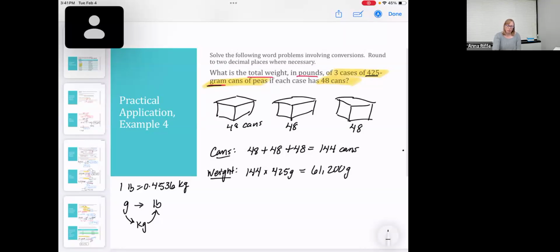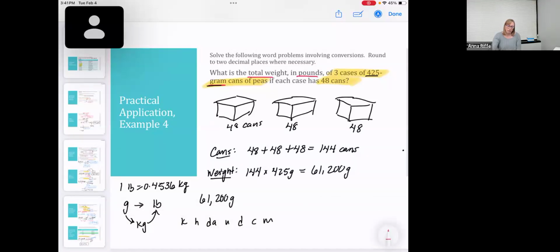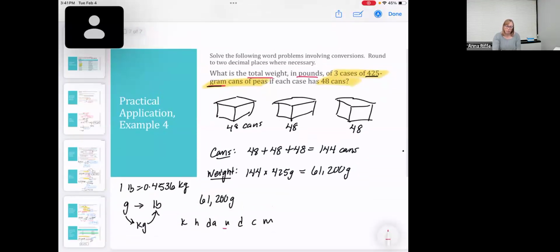So I'm going to set up my 61,200 grams. And first of all, I'm going to convert it to kilograms. This is a metric conversion. So I'm going to write down my prefixes. King Henry died unusually drinking chocolate milk. Okay. And I can note here that we're starting with grams, which is our base unit, and we're going to kilograms.